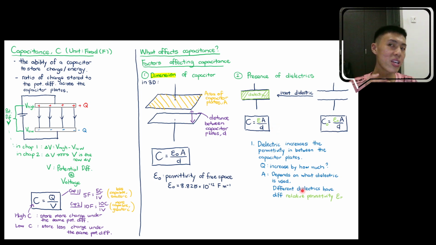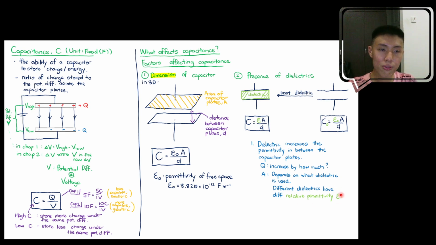If today I insert wood, let's say epsilon r of wood is 3, then that means the permittivity will increase by 3 times. That's the idea. So different materials have different relative permittivity. If you insert plastic, maybe it's 2. If you insert oil, maybe it's 4. If you insert Teflon or Mylar, different kinds of material, different values of relative permittivity epsilon r.